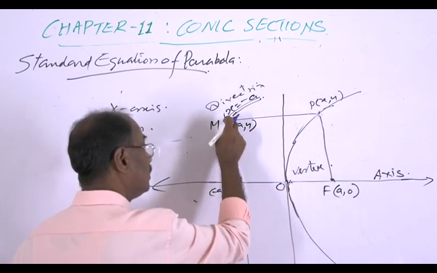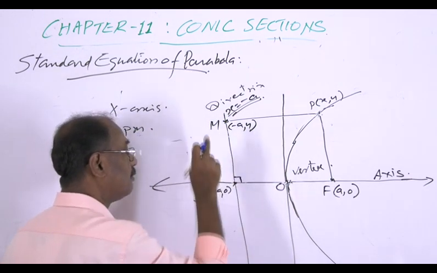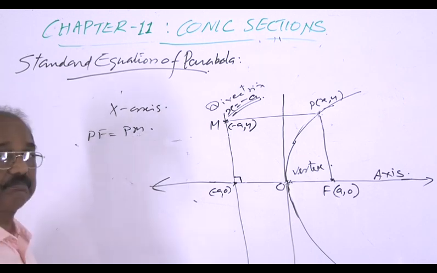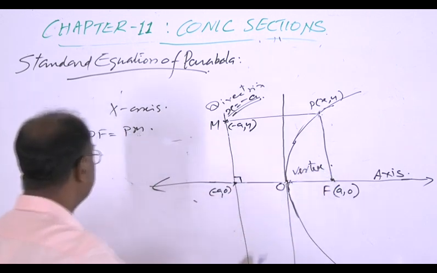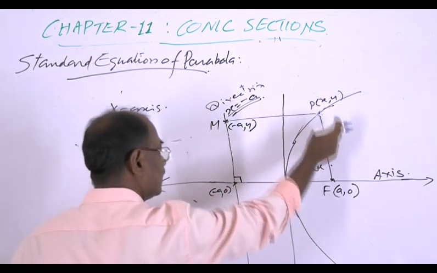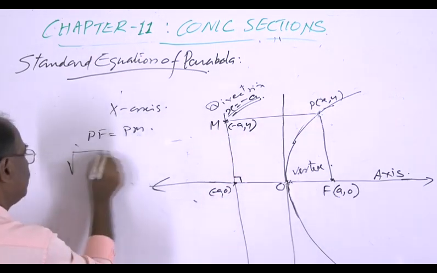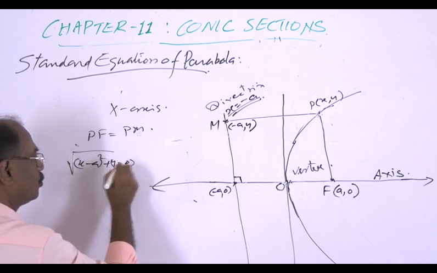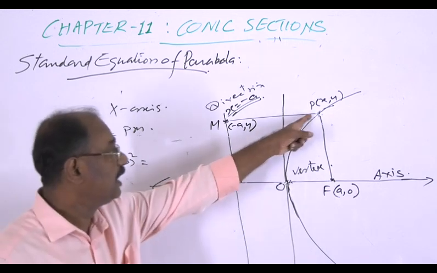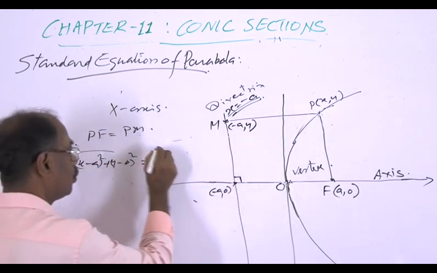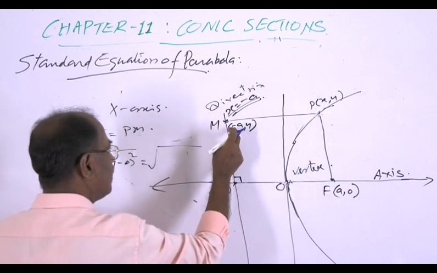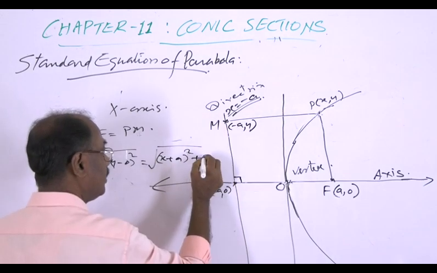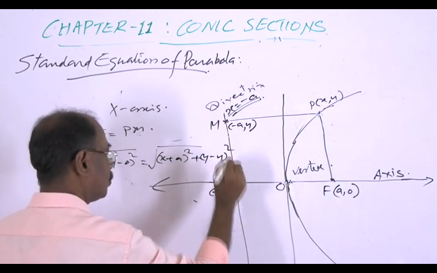So PF equals PM. Now PF is the square root of (x minus a) whole square plus (y minus 0) whole square, which is equal to PM, by the distance formula, the square root of (x plus a) whole square plus (y minus y) whole square.